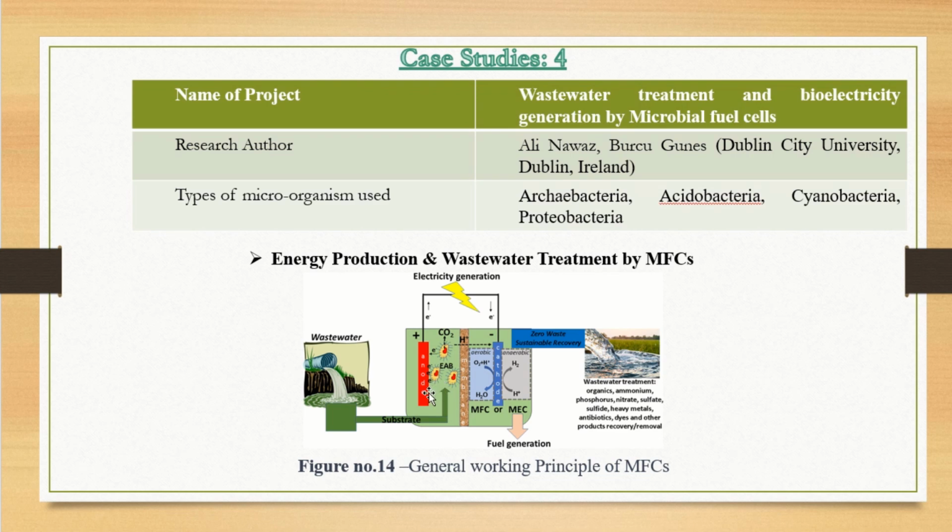In this case, electrons and H plus ions are generated, and electrons go through the anode, and by this phenomenon electricity is generated. We can see here the generation of electricity. In this whole setup, a membrane was also installed, and it passes water which is free from organic matter, and we can see the treated water comes from the outlet, and this is the treated water.